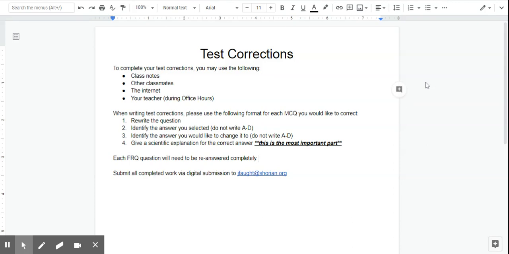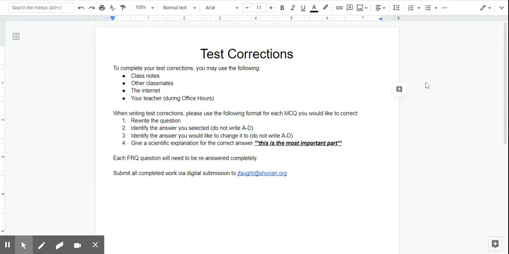Number 4 is going to be the most important part. For these test corrections, it's okay that we make mistakes, but we want to learn from them, which is why I want to do the test corrections in this format. That's why I'm letting you use your notes, talk with a buddy, come talk to me, whatever sources you find are going to be helpful here.